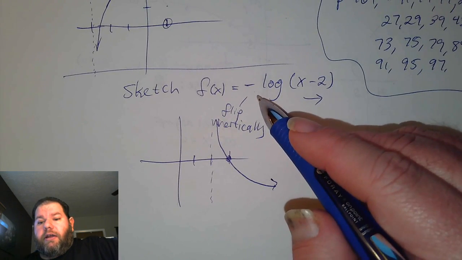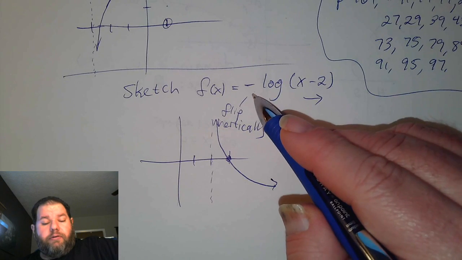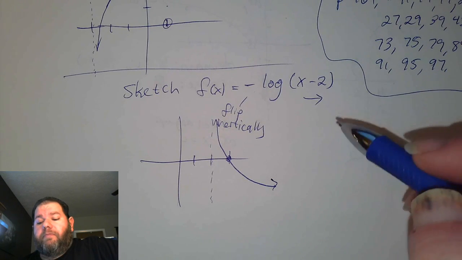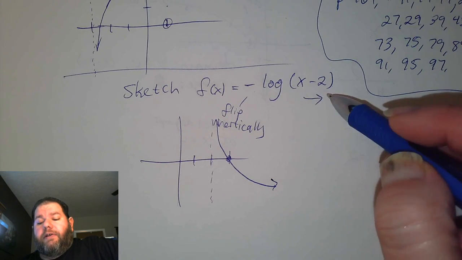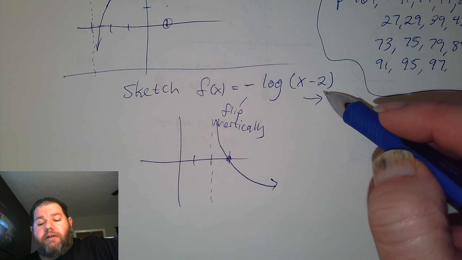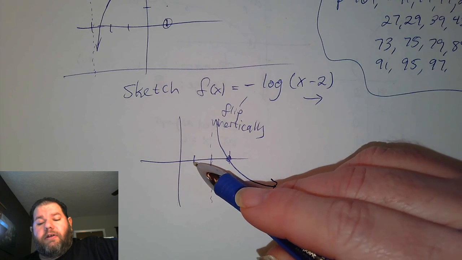Yeah, negative on the outside is always the vertical flip. And in the case of this logarithm, I have a shift to the right of 2 from its anchor point.